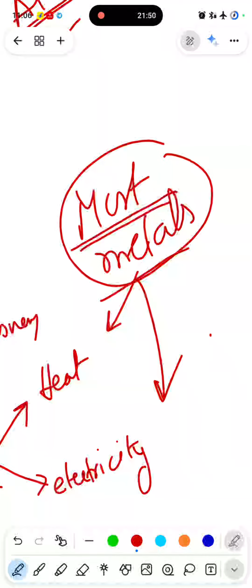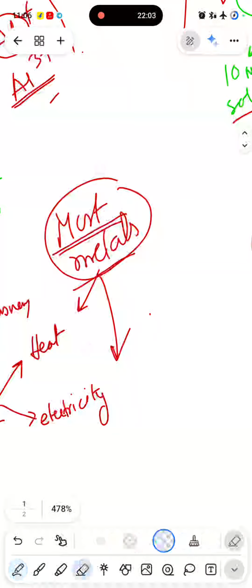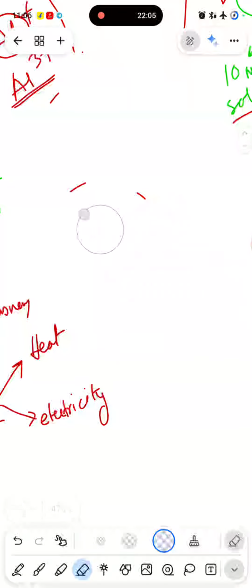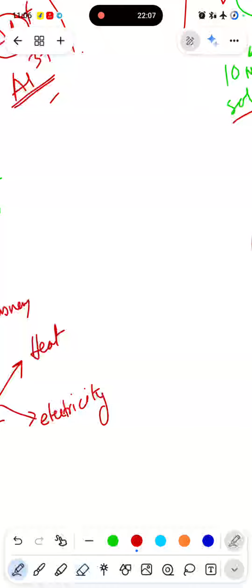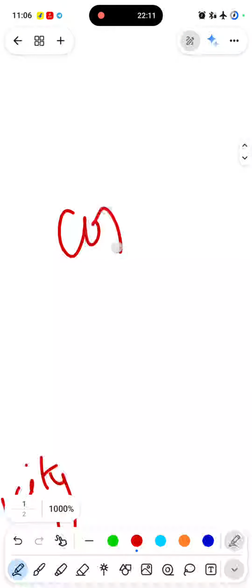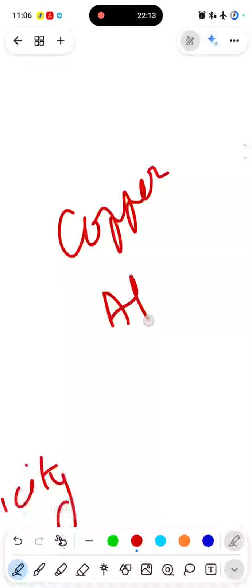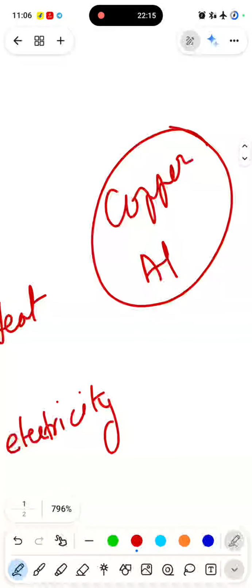Most metals can conduct both heat and electricity, but there are some exceptions. For example, copper and aluminium are good conductors of electricity and heat as well.